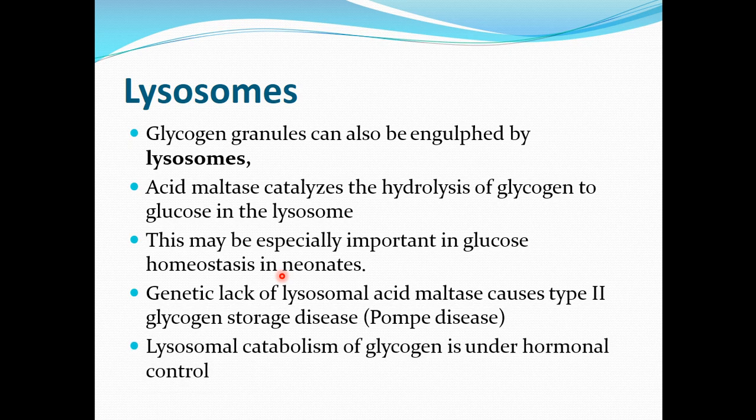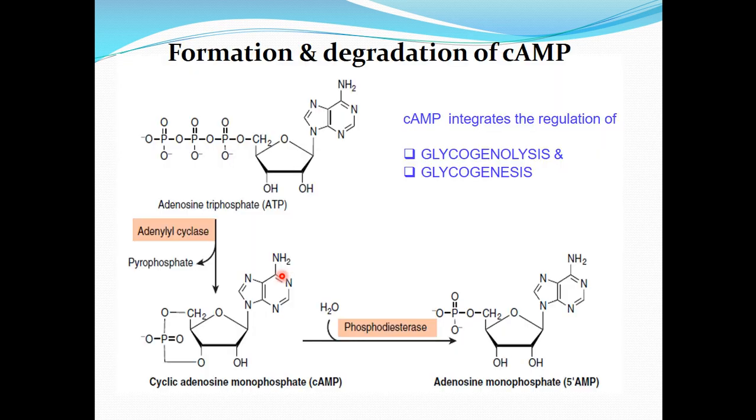Lysosomal catabolism of glycogen is under hormonal control. Here we can see the formation and degradation of cyclic AMP. Remember, cyclic AMP integrates the regulation of glycogenolysis and glycogenesis.